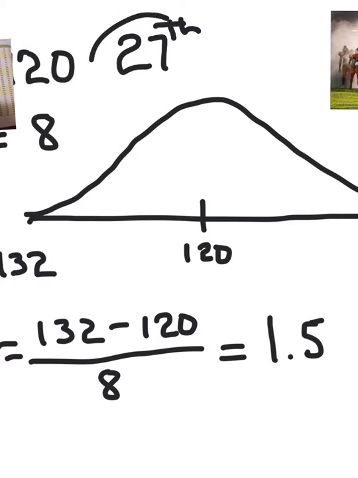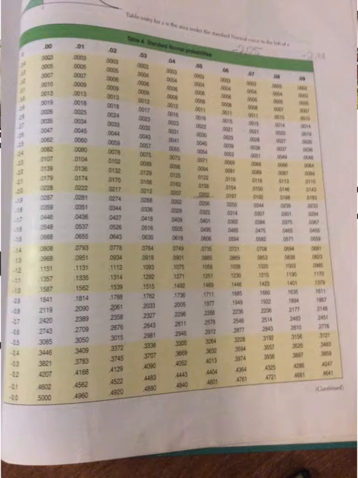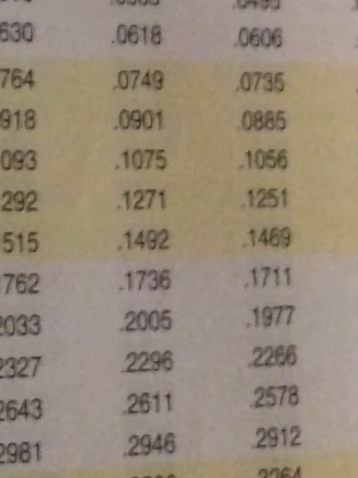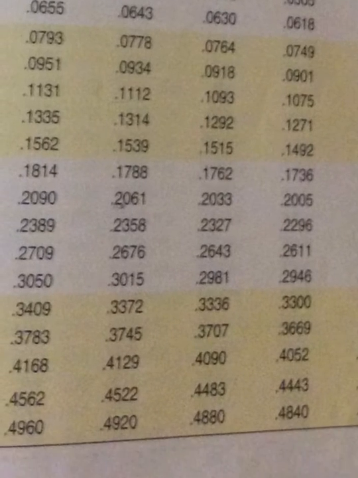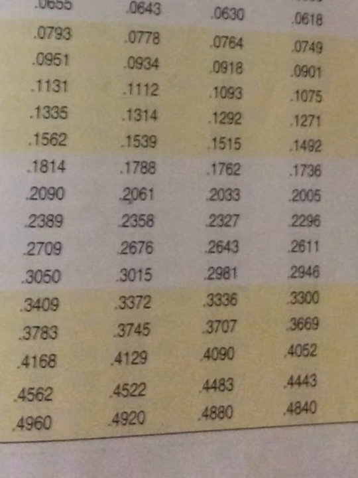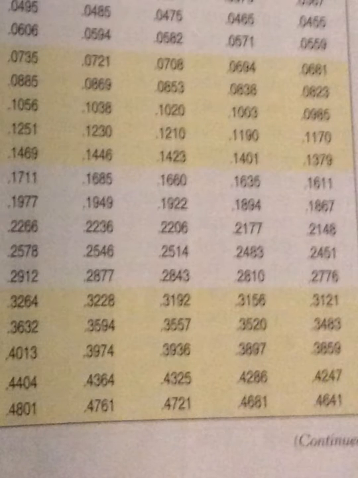In this case I know the percentile, so I have to find in table A something as close as I can to 0.27. Let me see if I can find it. Aha, here it is. I found it, right here.